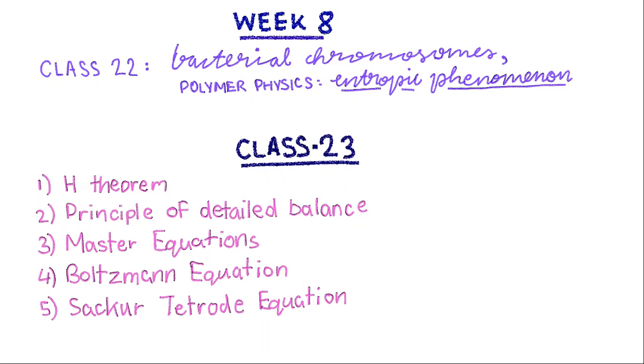So take that example where you take a block of metal, and on one side you maintain by a suitable heat bath a temperature of T2, and on the other side you maintain a temperature of T1.